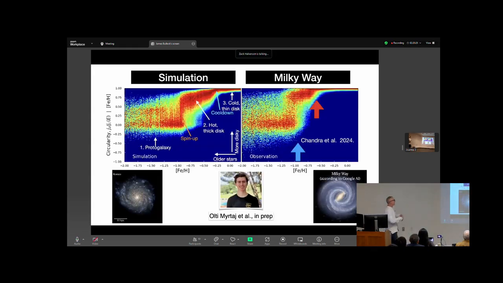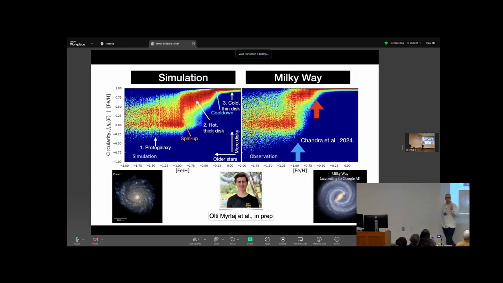Just starting off, if you take one of the Milky Way simulations that Andrew was already talking about, in particular, I think this is Romeo, and you make the same plot with the same color scheme as the data I just showed you, it looks pretty remarkably similar. There are these 3 distinct phases: an early proto-galaxy phase, a spin-up phase, and then the cool-down phase.